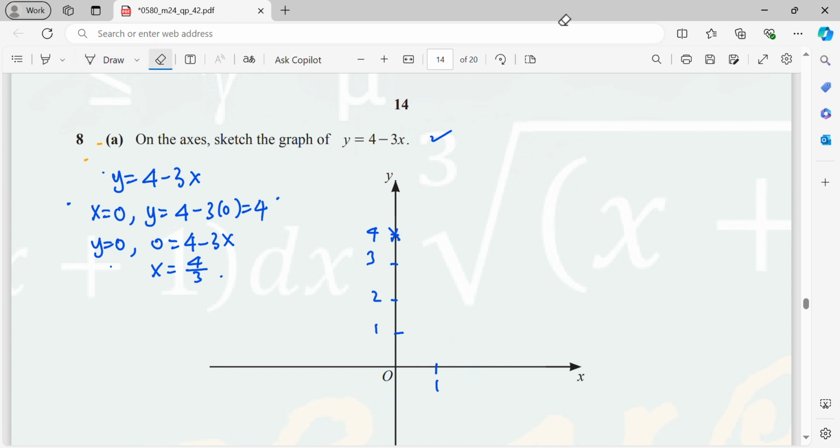So make sure it is a straight line and measure correctly.